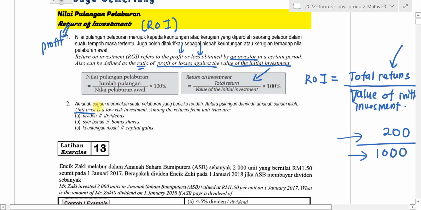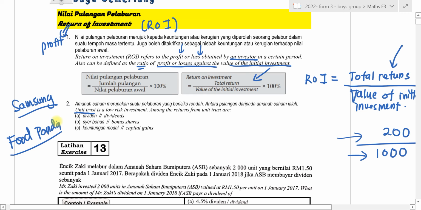Unit trust means, let's say we have a famous corporate company. For example, a Samsung company, or one we use daily, the Food Panda company. These are all corporates. They normally offer shares to the public for the public to buy.